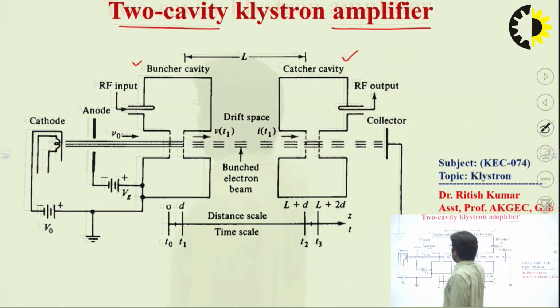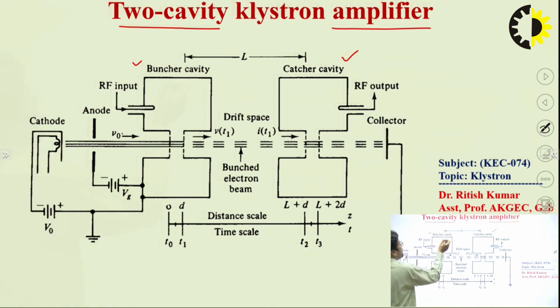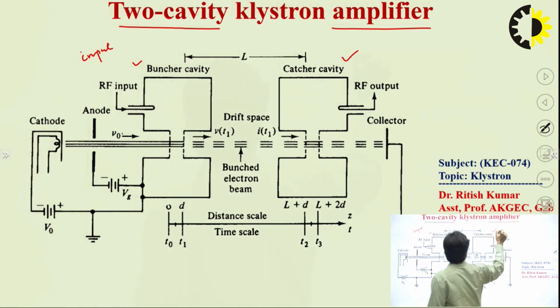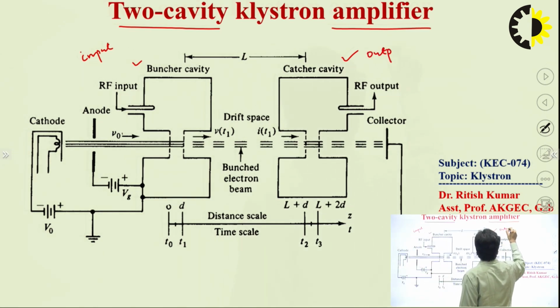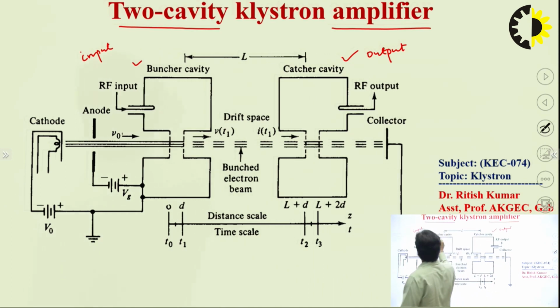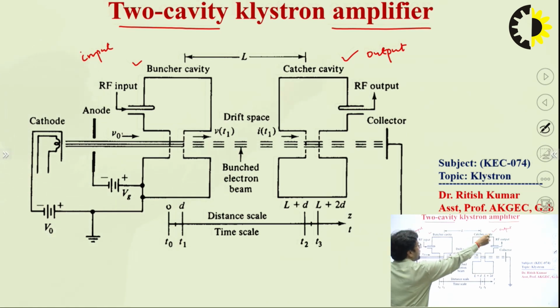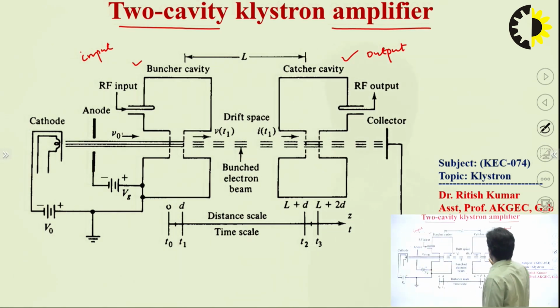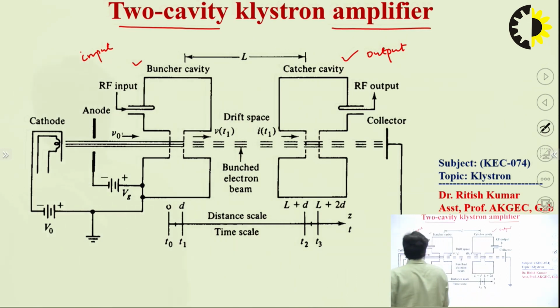The buncher cavity is also known as the input cavity and this one is known as the output cavity as well. Why do we call them that? Because this cavity is drawn near the signal input of the device and the catcher cavity is made at the output side of the device. That's why we call them input cavity and output cavity as well.